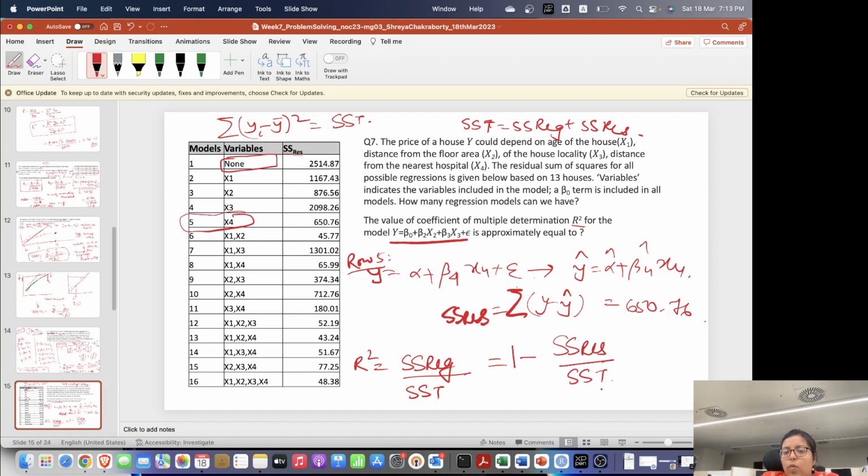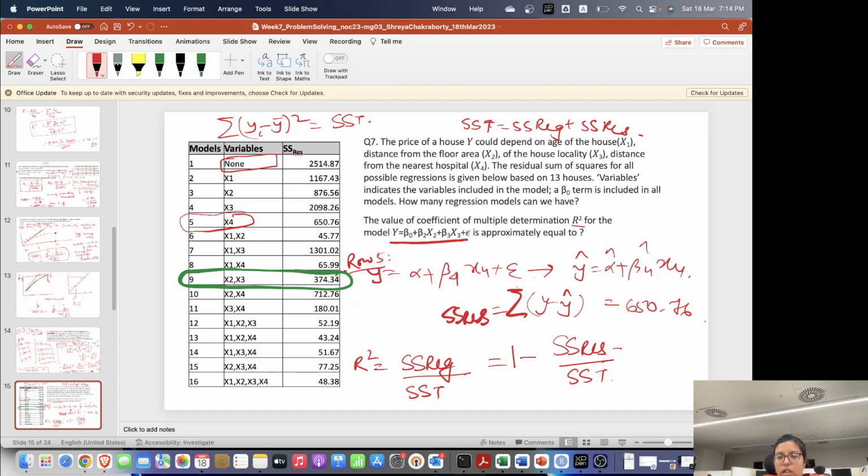So, when we have x2 and x3 in the model, which row will we be focusing on? We will be focusing on this row, because this model is fitted with x2 and x3. These are the regressors, and from that model we are getting this SS residual.